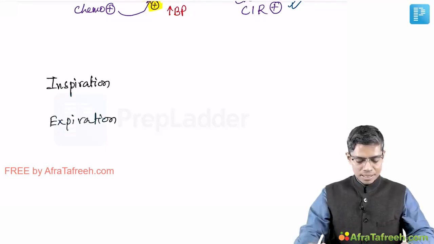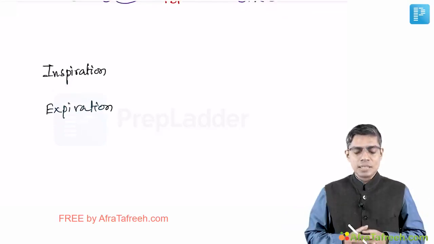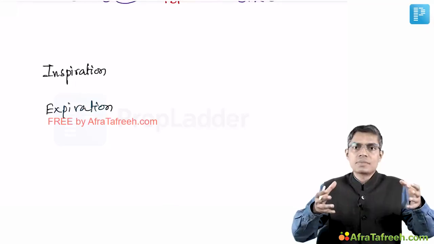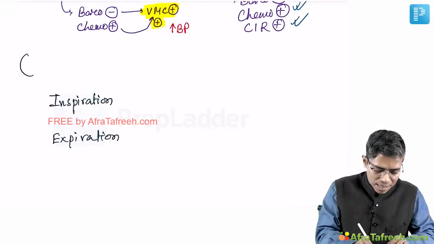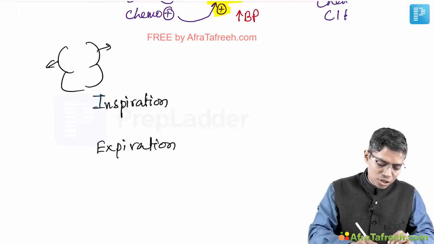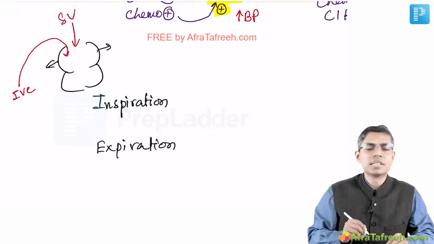You are taking inspiration like this. So what is happening? Your thoracic cavity is expanding. Inside the thoracic cavity, the heart is there. The heart is also expanding. So I can understand that the right atrium is expanding during inspiration. If the right atrium is expanding, it will suck more blood from the inferior vena cava and superior vena cava.